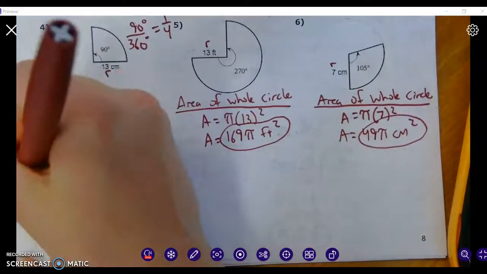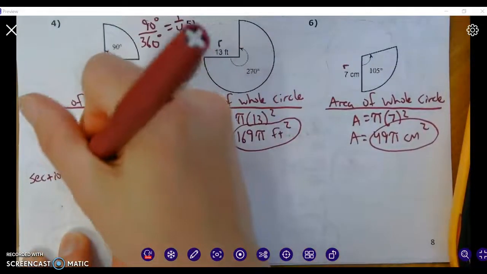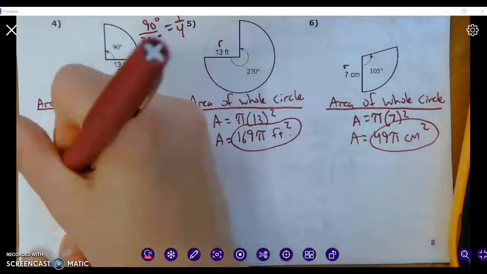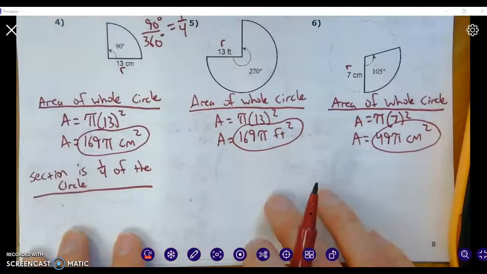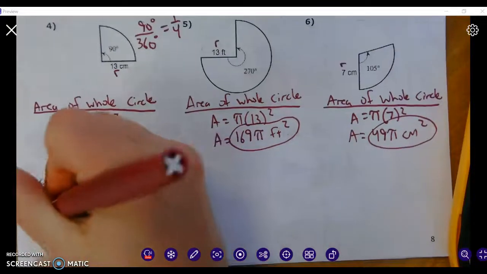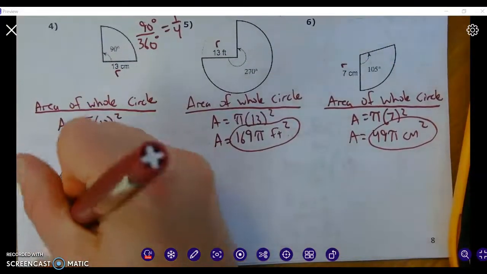So what we're going to do here is write section is a fourth of the circle. So I'm going to take that answer, 169 pi, and divide it by 4.